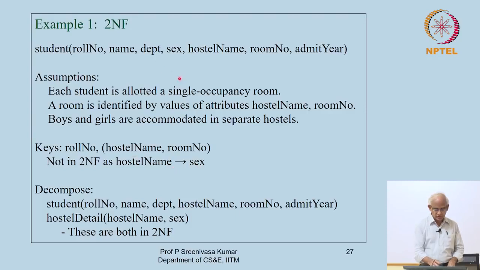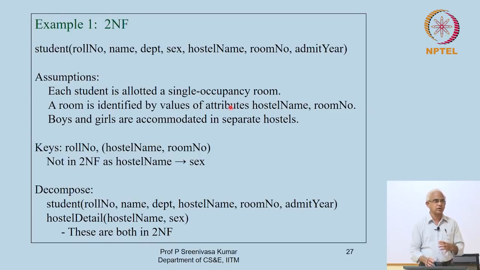So this relation is not in second normal form, and in general if we see some relation and it is not in a particular normal form, one technique that we will use is to break that relation. We call it decomposition.